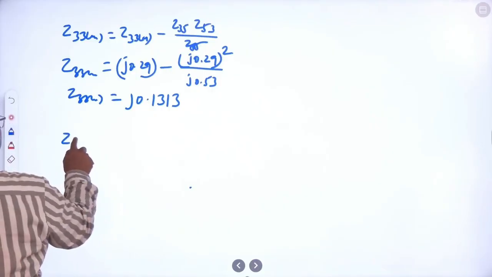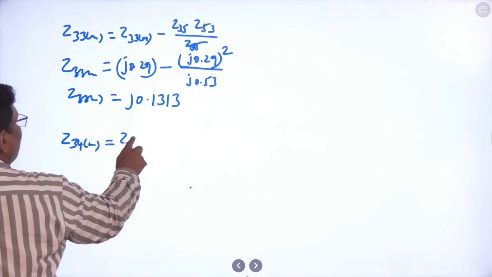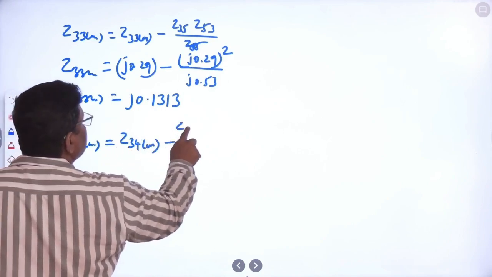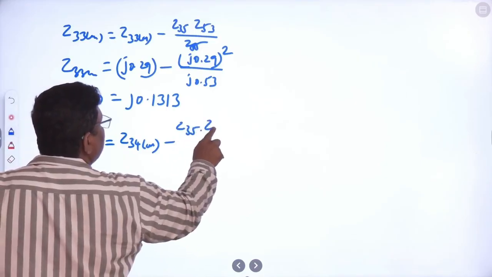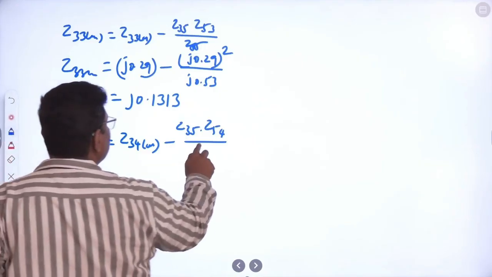Next, Z34 new. Z34 new equal to Z34 old minus Z35 into Z54 divided by Z55.